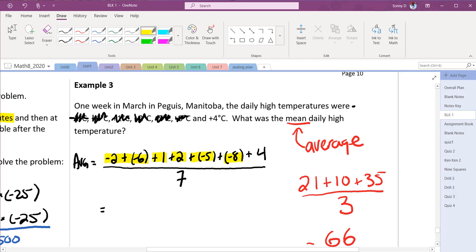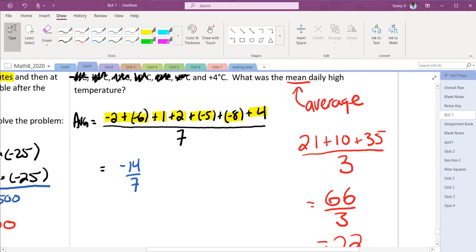Add a -8, -18. Add 4, -14. -14 over 7, which equals -2. And since we're talking about temperature, the unit is degrees Celsius. Right?